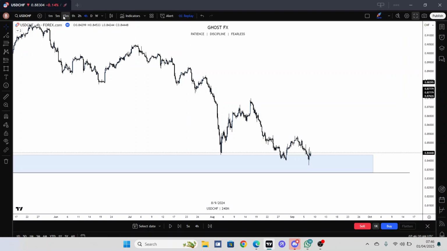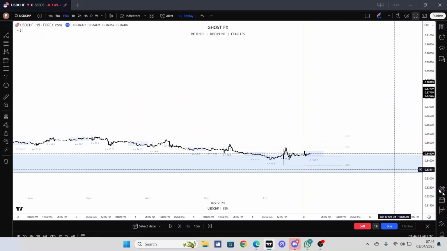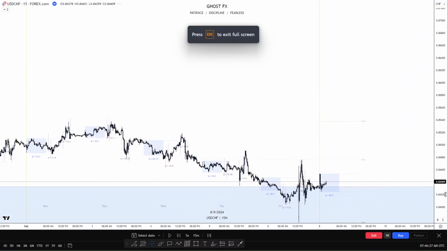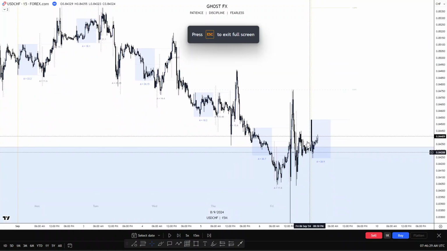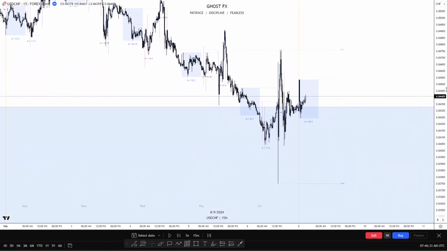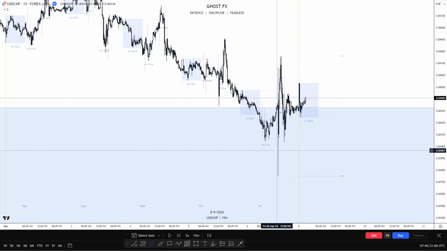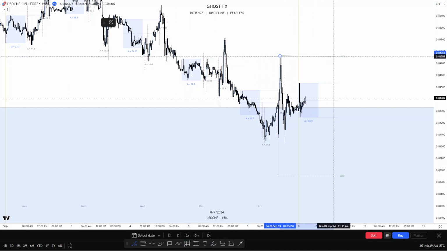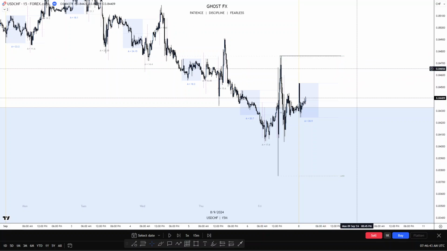So I'll just move to my 15 minutes. On my 15 minutes, I have this, I don't know if it was news or something, but this was the highest point that came from. So now, since this is a massive push, was it downside or upside?